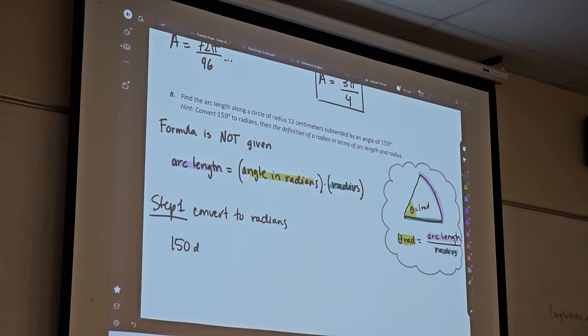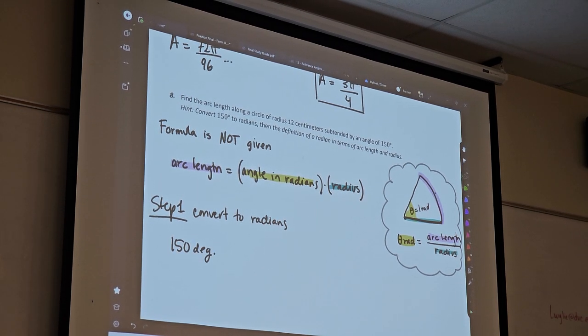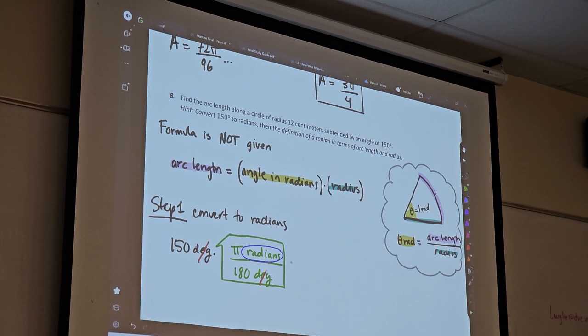150 degrees, I'm going to multiply by 1 in the form of pi radians divided by 180 degrees. The degrees cancel and it takes me to where I want to go. Radians, 150 pi divided by 180.